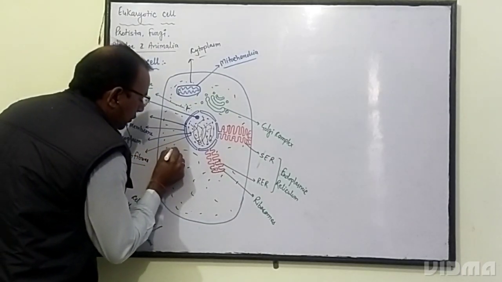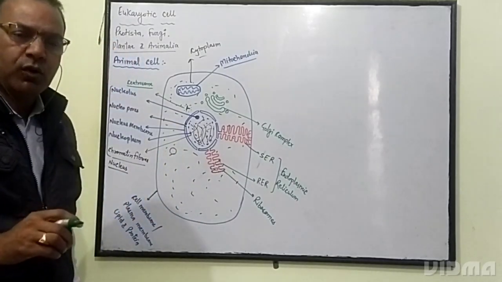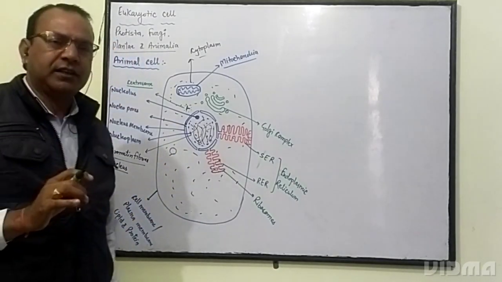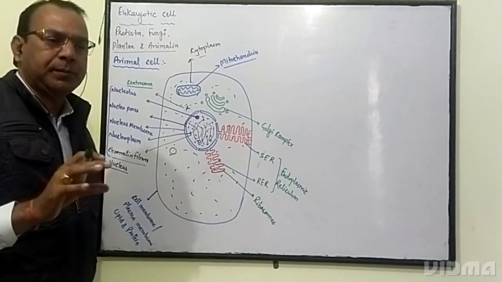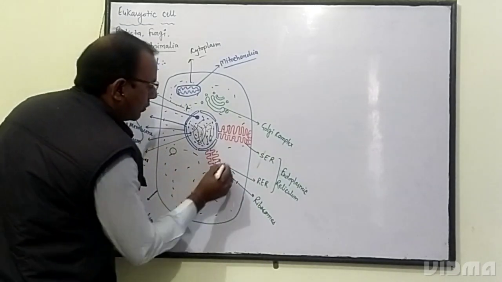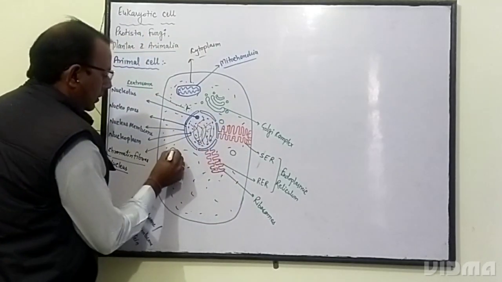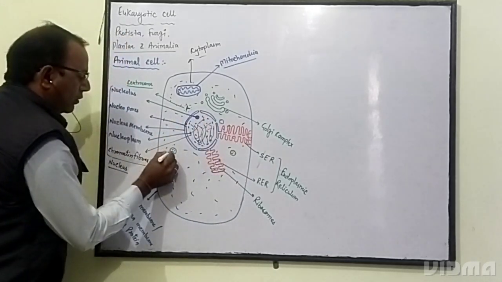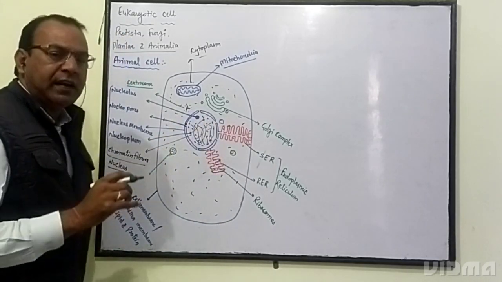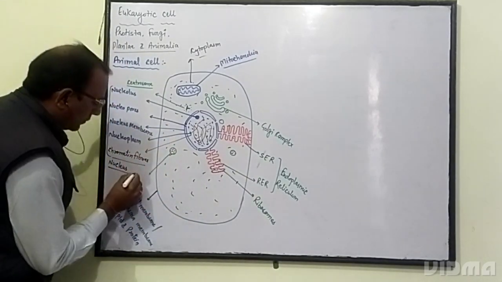Outside the nucleus membrane of an animal cell, vacuoles may or may not be present. If present, they are very small in size and large in number.